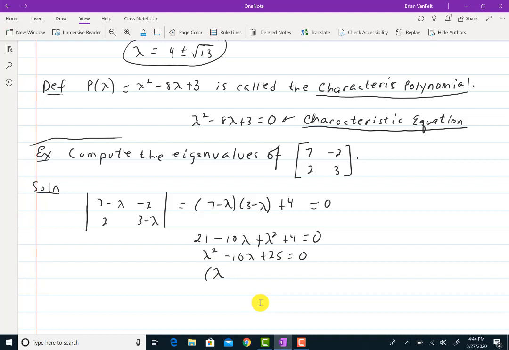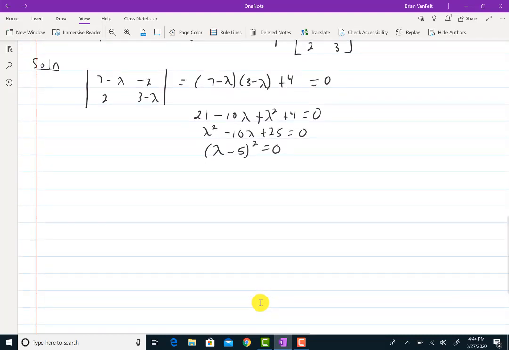This actually factors into lambda minus 5 squared. That equals 0. So when I write my eigenvalues, I'll write 5 and 5. This we write to indicate that its multiplicity is 2.